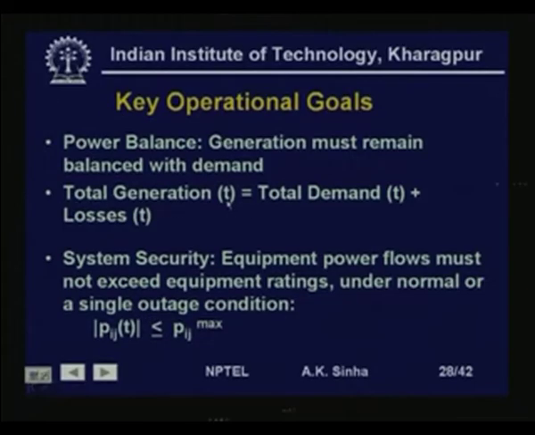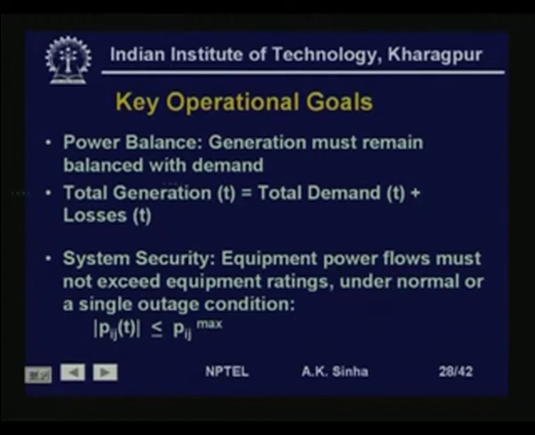So, total generation at all times t must be equal to total demand at time t plus the total losses at time t. Of course, when the power is transmitted through a transmission line and distributed to you, there are losses in the transmission and distribution system.